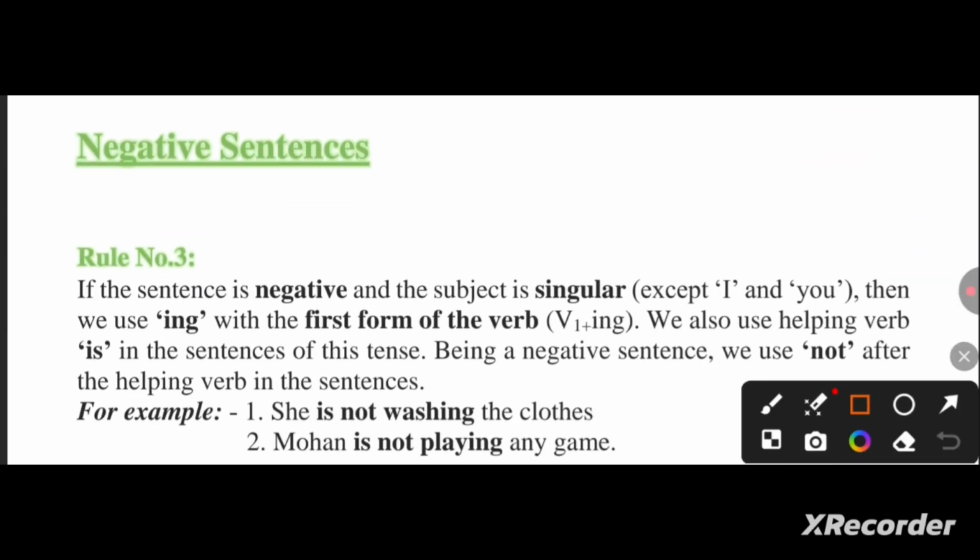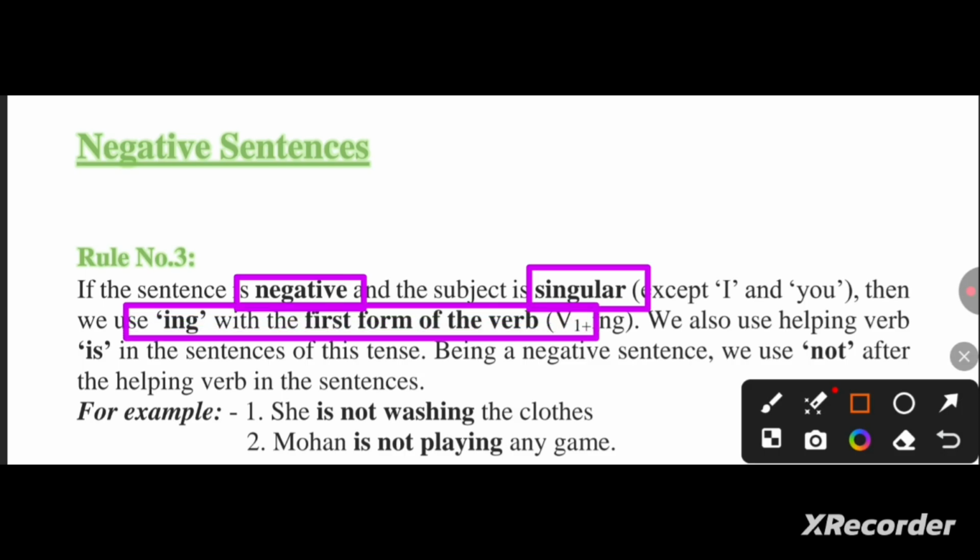Now we should notice that if the sentence is a negative one and the subject is singular, then again we have to use ing with the first form of the verb. And we have to keep in mind the sentence is a negative one, therefore we have to use not in the sentences.